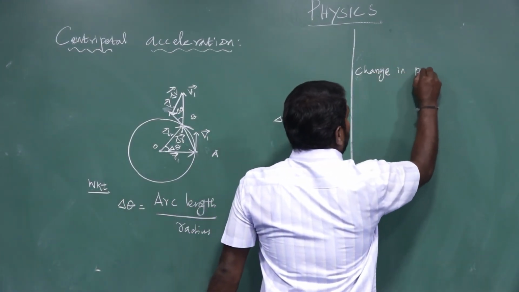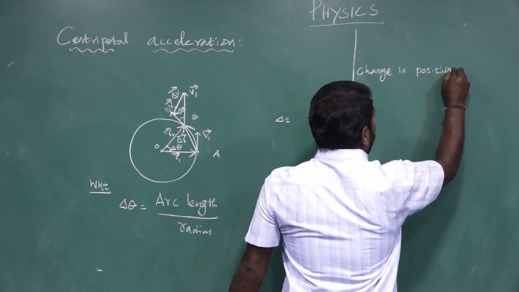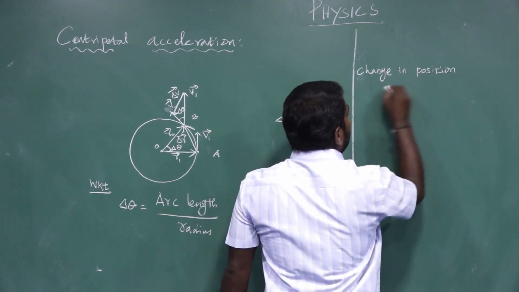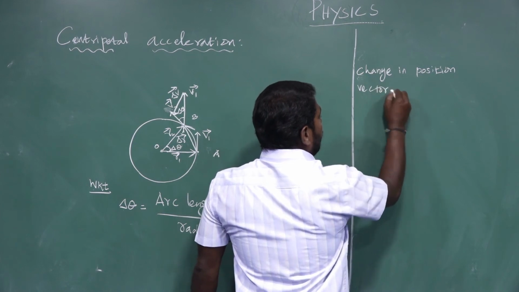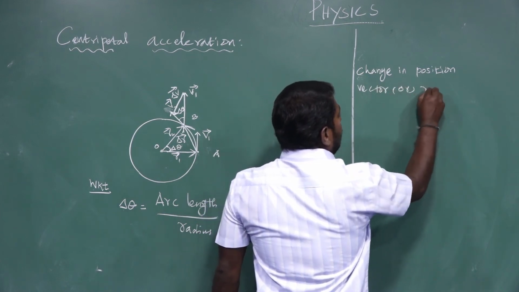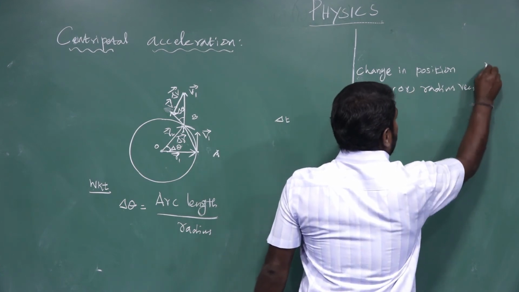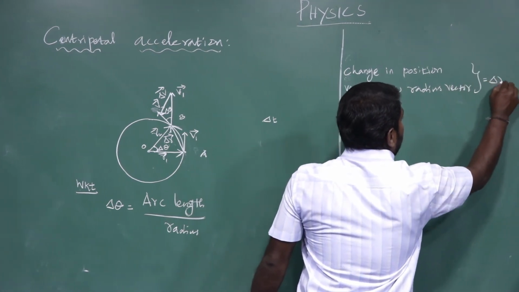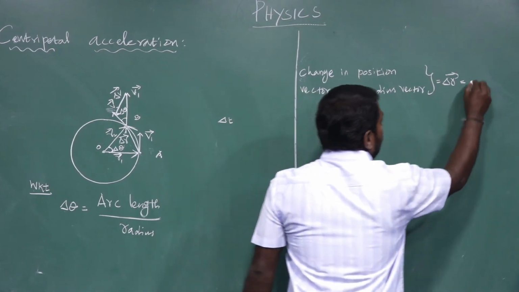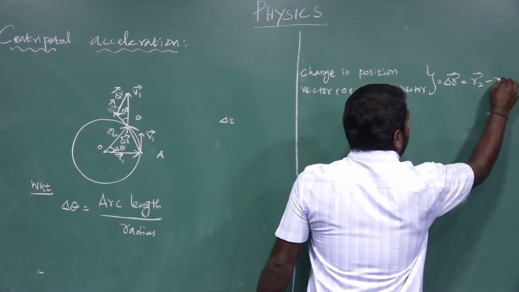Change in position vector or radius vector: delta r vector is equal to r2 vector minus r1 vector.